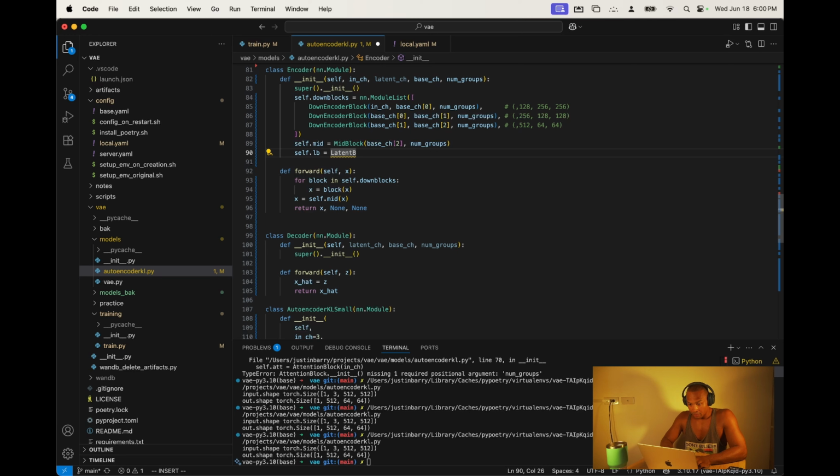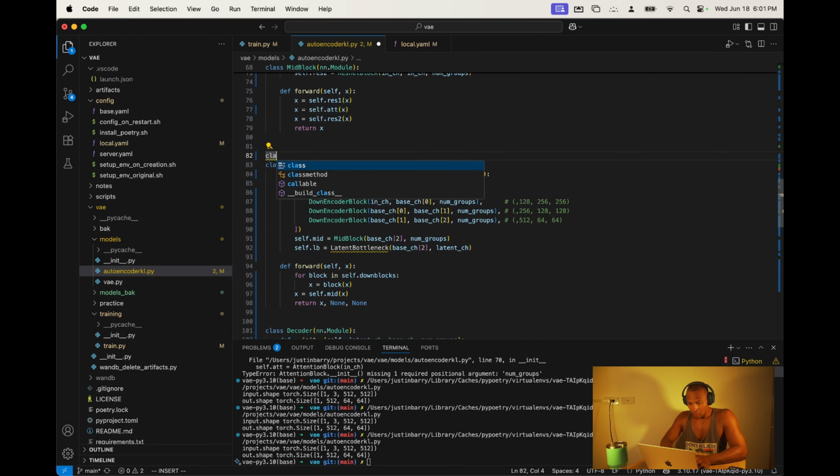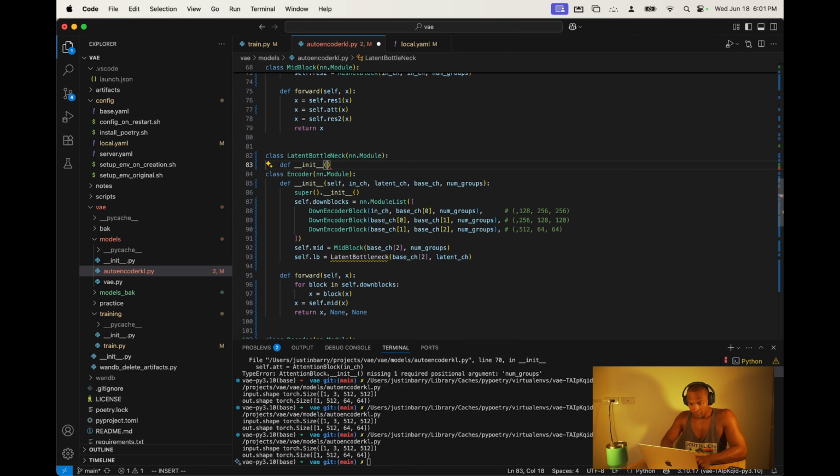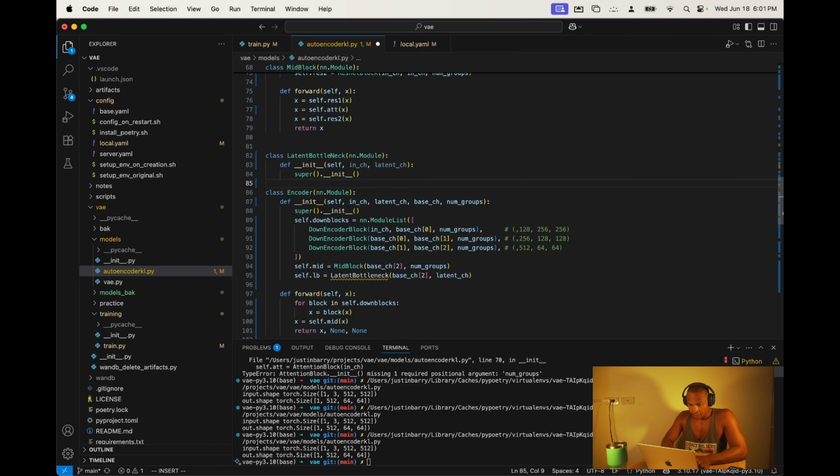Let's call it LB, latent bottleneck. So in channels, latent channels, super, self.